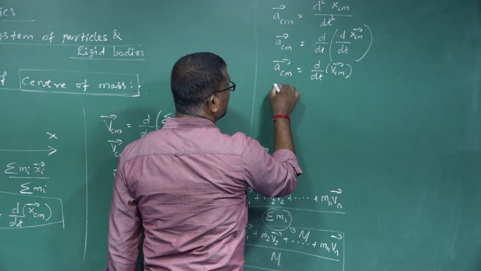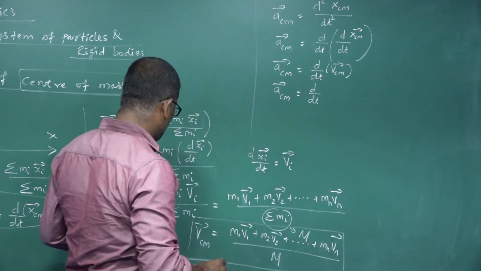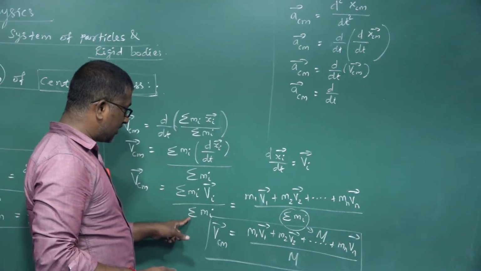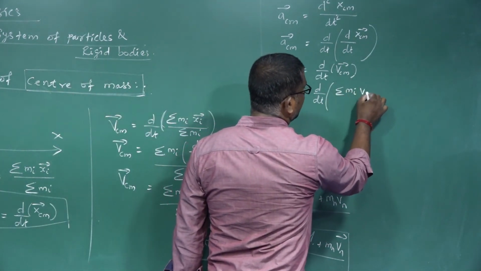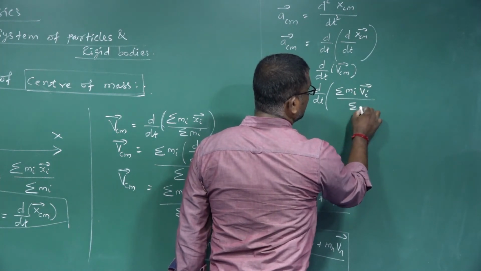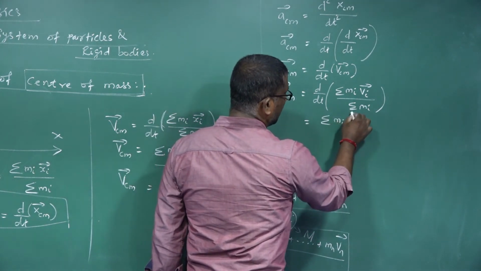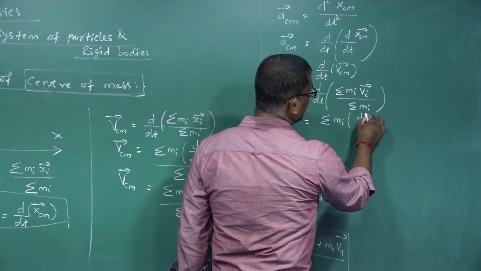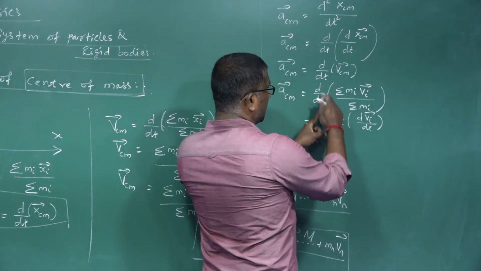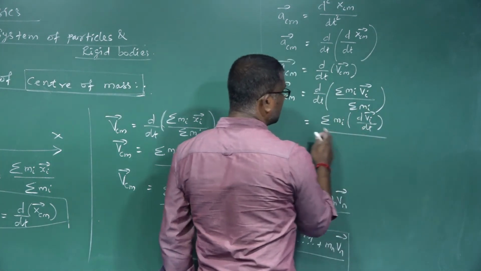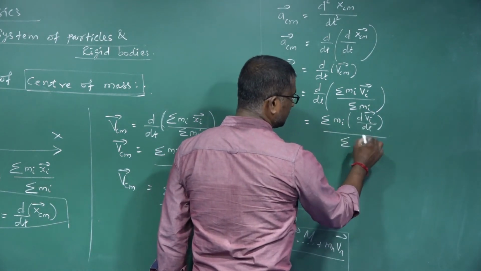Or A_cm vector is equal to d/dt of V_cm vector, which is equal to summation m_i v_i vector divided by summation m_i, or summation m_i of dv_i vector divided by dt, divided by summation m_i.